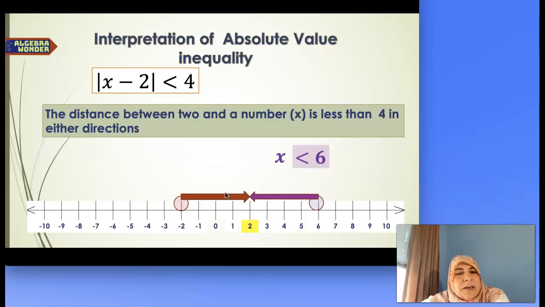Is x greater than negative 2 or less than negative 2? It is greater than negative 2. So any number between negative 2 and 6 can make this inequality true. If you choose any number outside, it's not going to make this inequality true.